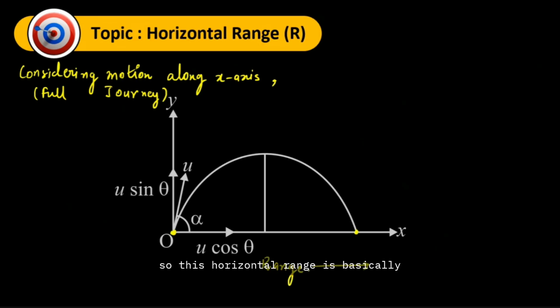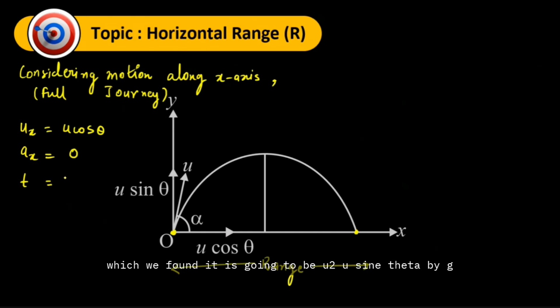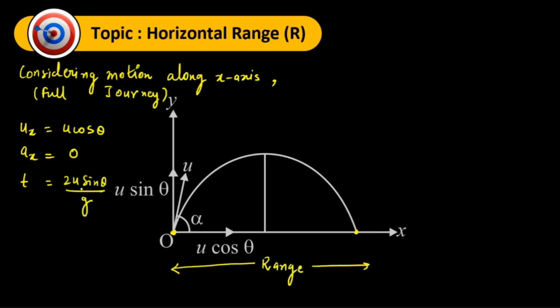So this horizontal range is basically the displacement along x-axis. Here we have the initial velocity in x-axis, which is u cos theta. We have acceleration in x-axis, which is 0. We have time also, the total time which we found, it is going to be 2u sine theta by g. So we have only these three things given here.